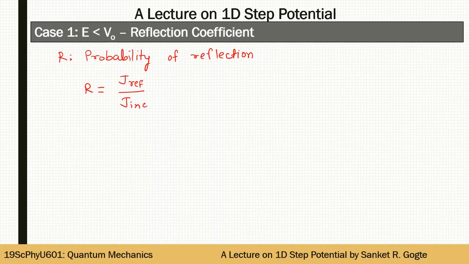If you can recall, this J reflected is h cross k by m into mod B square, divided by J incident, which is h cross k by m into mod A square. I hope it's correct.